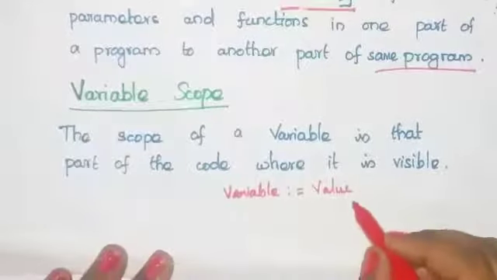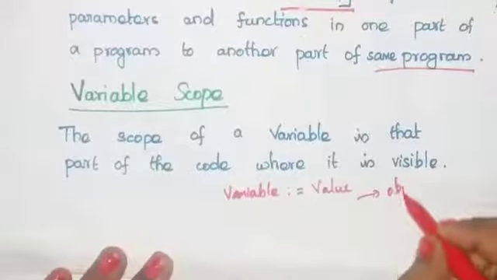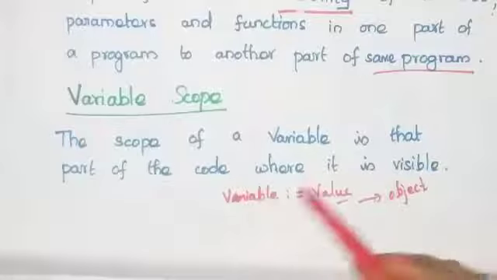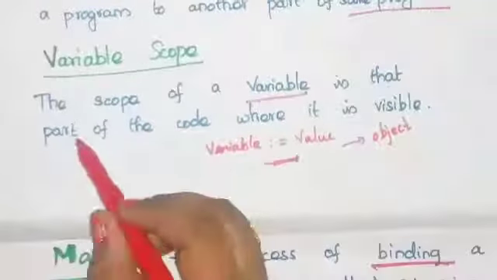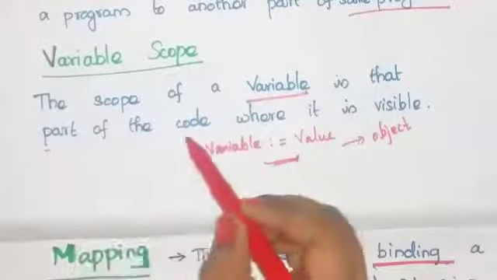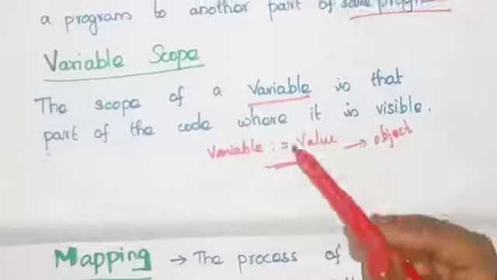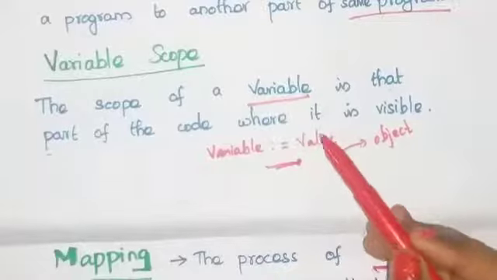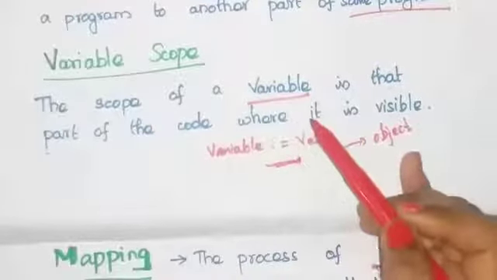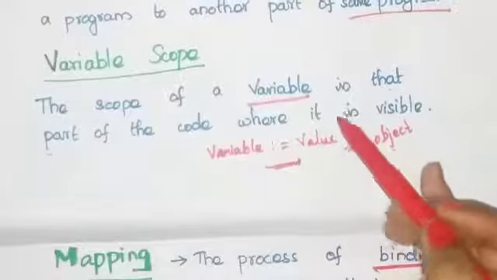Here the value is called an object. The scope of a variable is that part of the code where it is visible, which means you can access or see the variable in a particular area of your code. That is called variable scope.